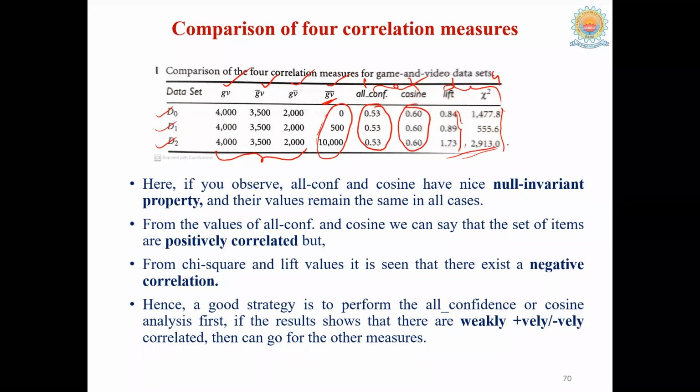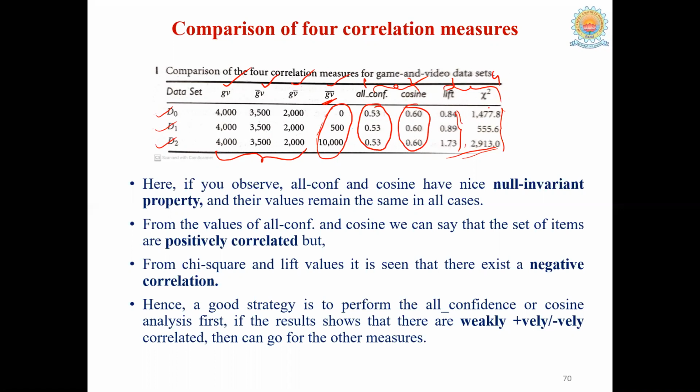So from this we can conclude that measures 1 and 2 are not influenced by the null transactions. Those measures obey the null invariant property, whereas measures 3 and 4 are influenced by the null transactions, so they do not obey the null invariant property. So we can blindly go for the results of the first two measures.